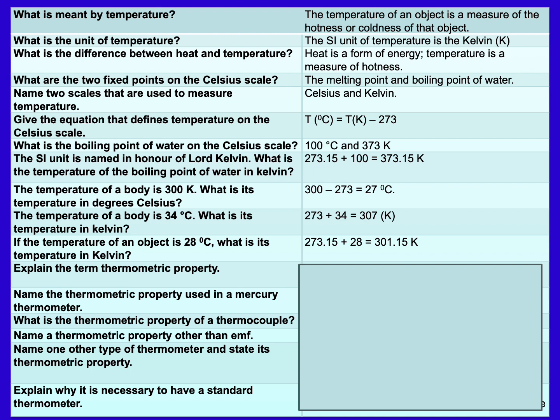Question 4, name a thermometric property other than EMF. Question 5, name one other type of thermometer and state its thermometric property. And question 6, explain why it is necessary to have a standard thermometer. Again, in your groups, pairs or threes there, 2 minutes, go for it.